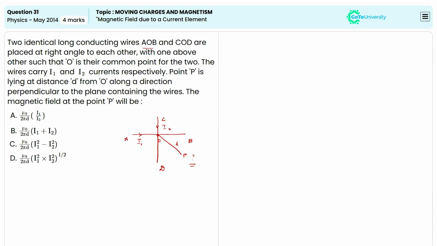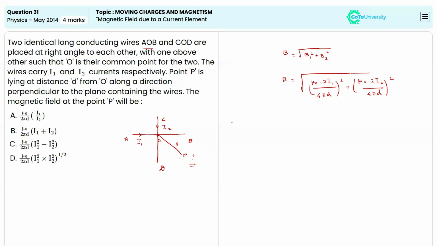It's known that the magnetic field at point P can be calculated using B equal to root of B1 square plus B2 square, like how we solve vector addition. So here we can write B will be equal to root of (mu naught times 2I1 divided by 4 pi d) whole squared plus, similarly for COD, (mu naught 2I2 divided by 4 pi d) whole squared.